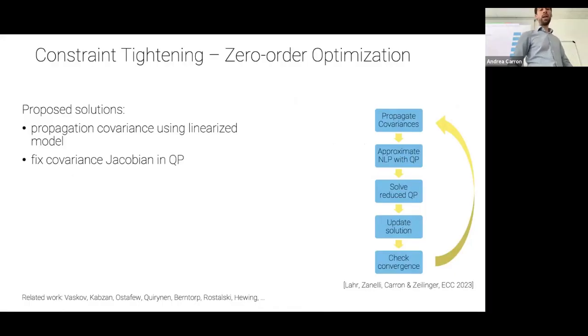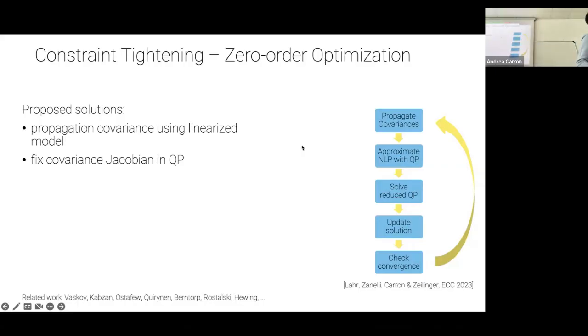So what we do, we propagate the covariances using a linearized model. So we linearize the model and we propagate the covariance using the linearized model. And the propagation is basically very similar to a prediction step in a Kalman filter. And so as a first step, we propagate the covariances.